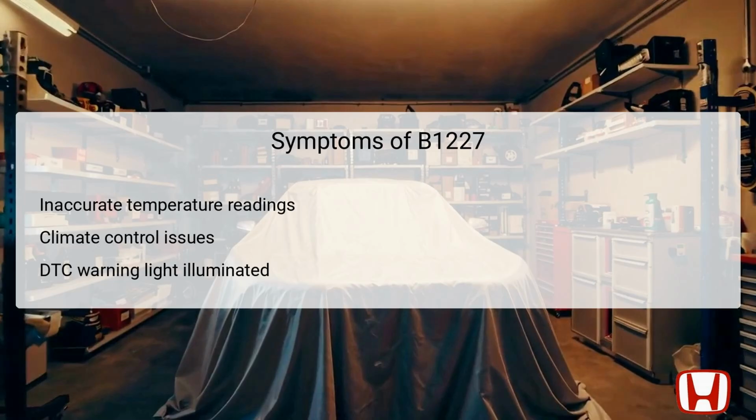Additionally, the DTC indicator light will be illuminated on the dashboard, alerting the driver to a fault in the system. This may also trigger secondary issues, such as the climate control unit malfunctioning or freezing settings, contributing to an overall decline in driving comfort. Recognizing these symptoms can help in troubleshooting the issue more promptly.